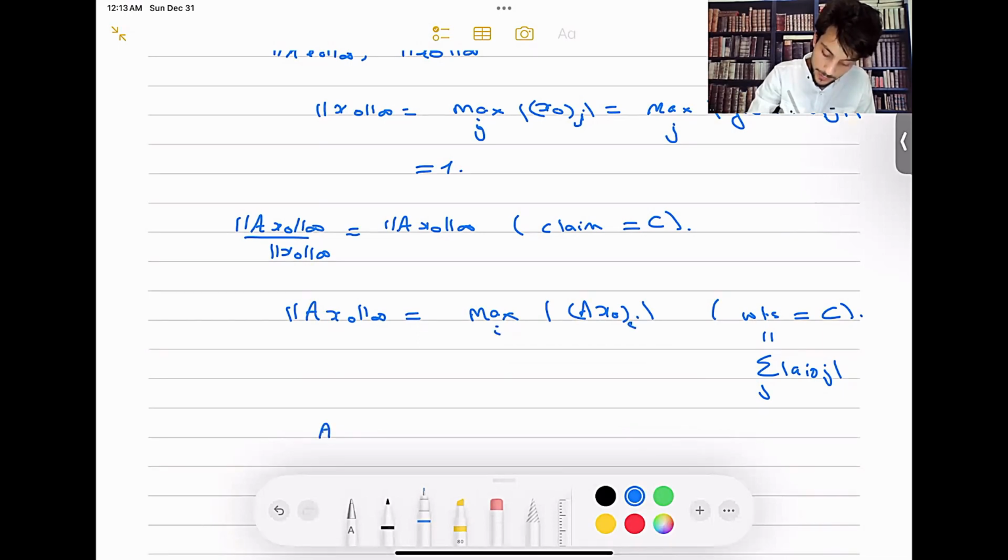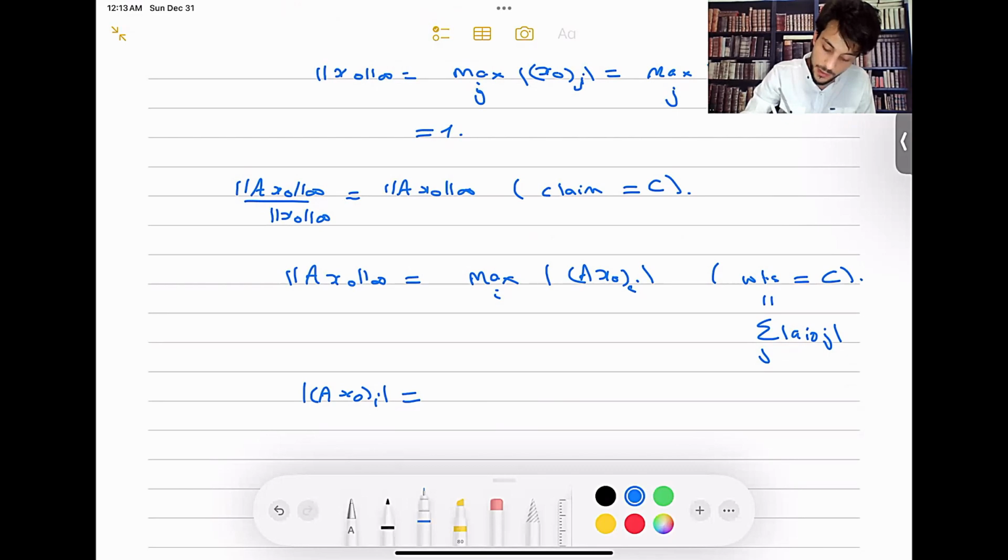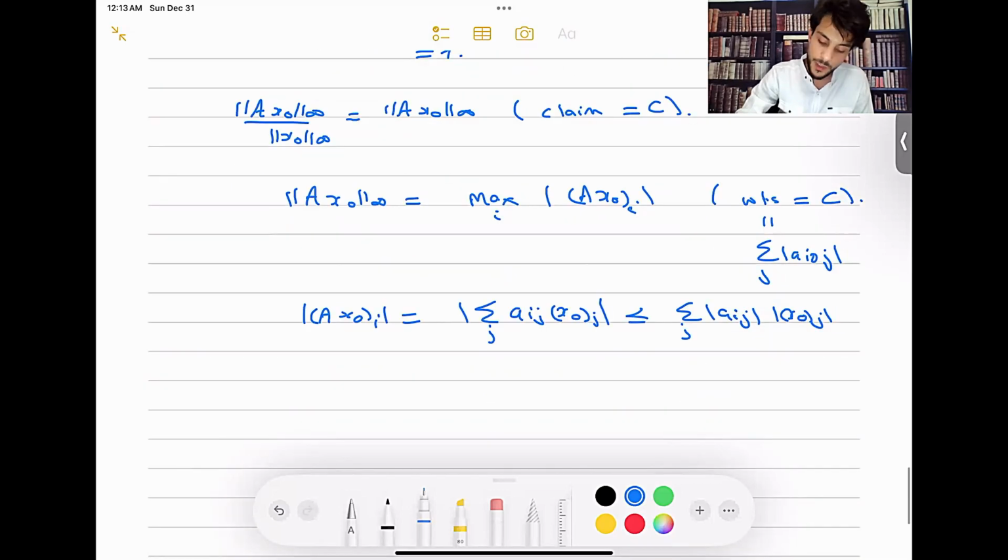Okay, and if we look at the ith entry of this in absolute value, that's gonna be the absolute value of the sum of aij x0j, and this is less than or equal to, by the triangle inequality, the sum of the absolute values of aij times x0j. And now let's observe that this is also less than or equal to the infinity norm of x0. Why?